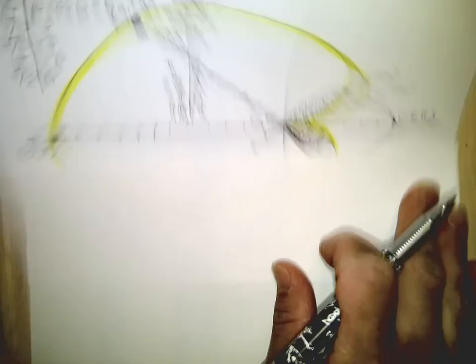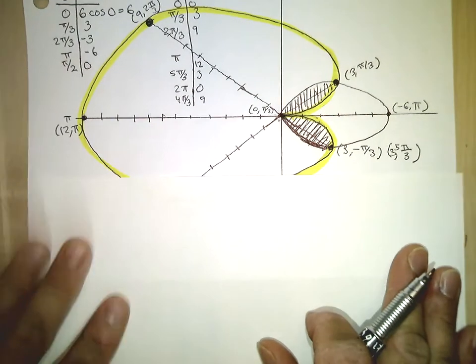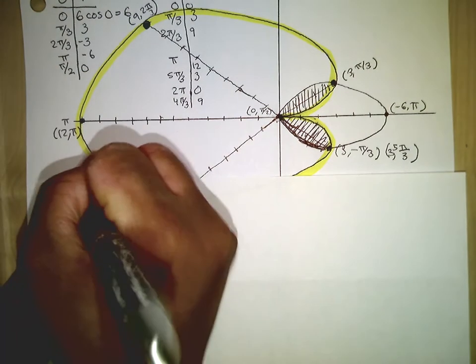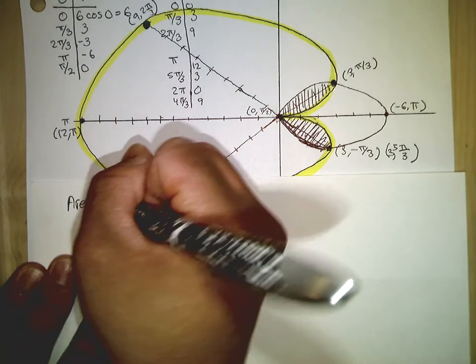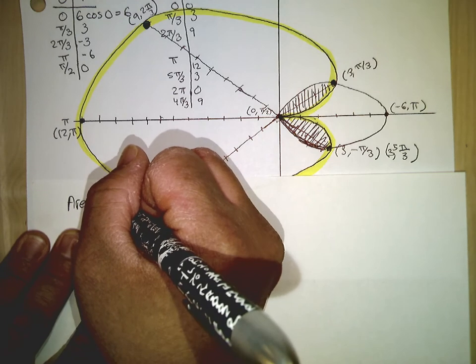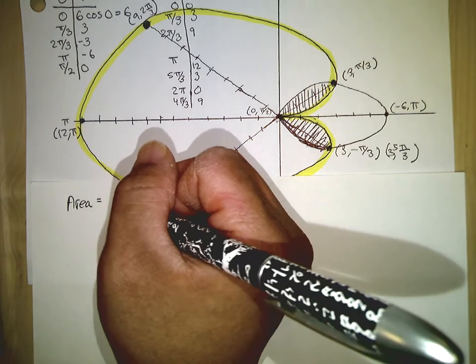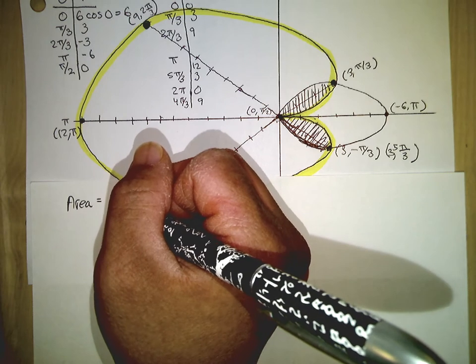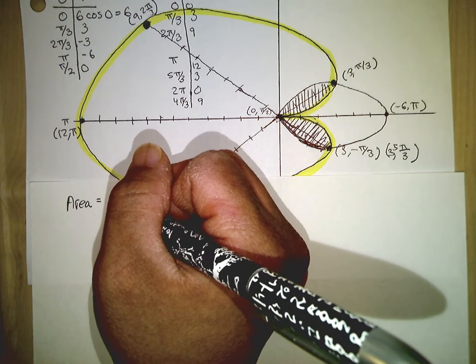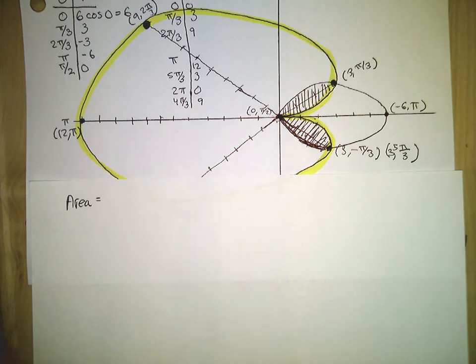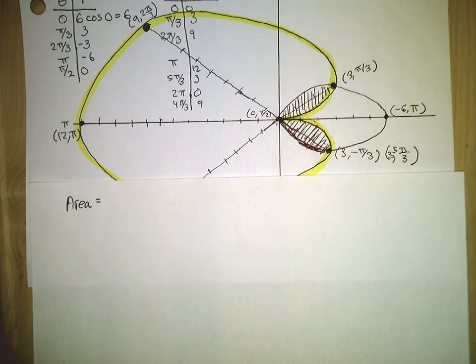So let's find the area. So the area is, remember, it would be, where is the formula? I want to show you the formula again in case you happen to forget it already. Here it is.